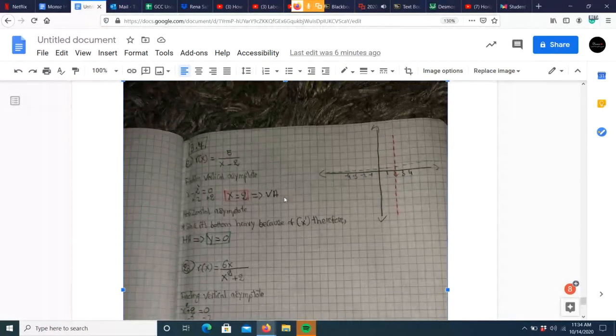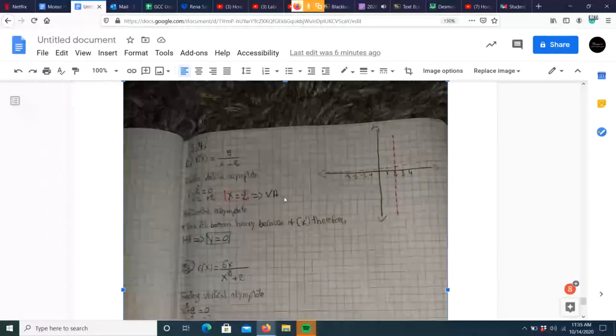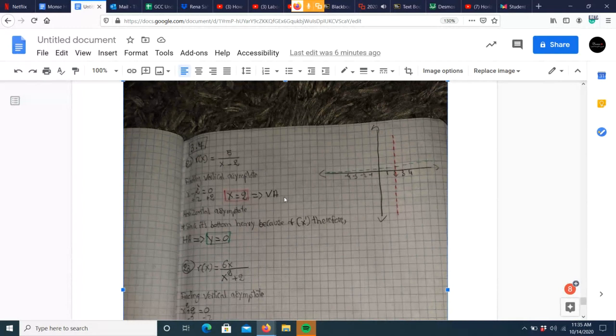Good morning. I'm presenting question 21, section 3.7. It's R(x) equals 5 over x minus 2. To find the vertical asymptote, take the denominator, set it equal to 0, and solve for x. In this case, x is equal to 2, which is the vertical asymptote.